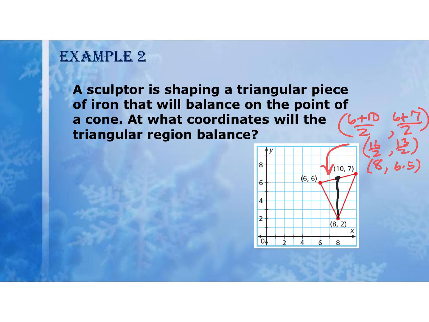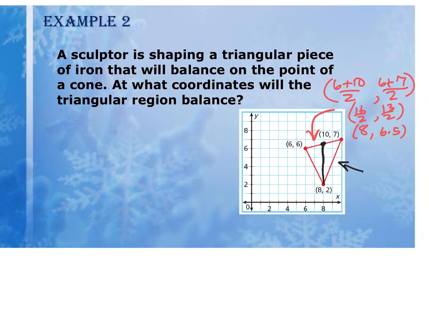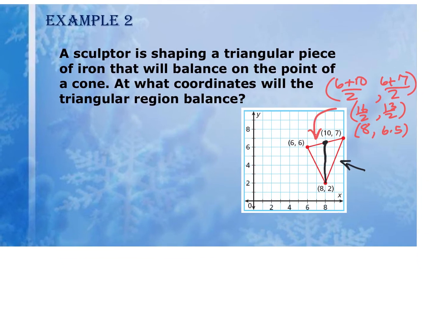Next, I'm going to look for another midpoint. I'm going to find the midpoint of this side here. Take the 2 coordinates, add the x's, add the y's, divide that by 2, 18 divided by 2, 9 divided by 2.